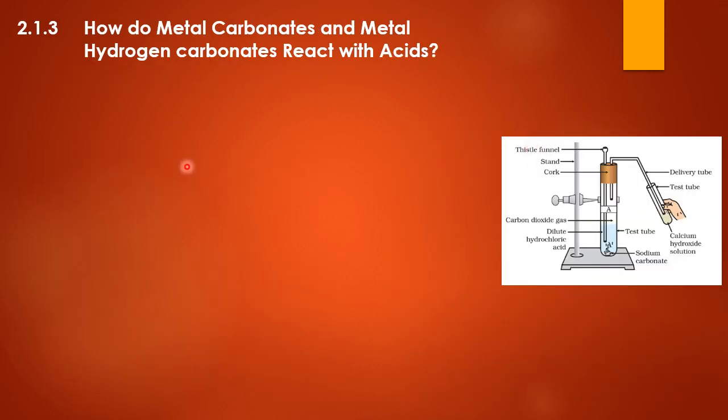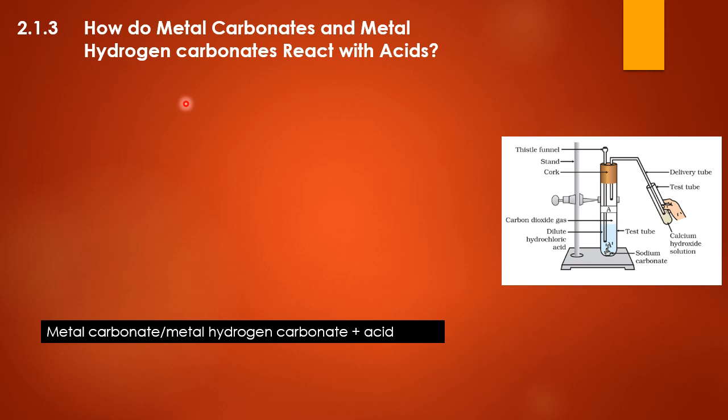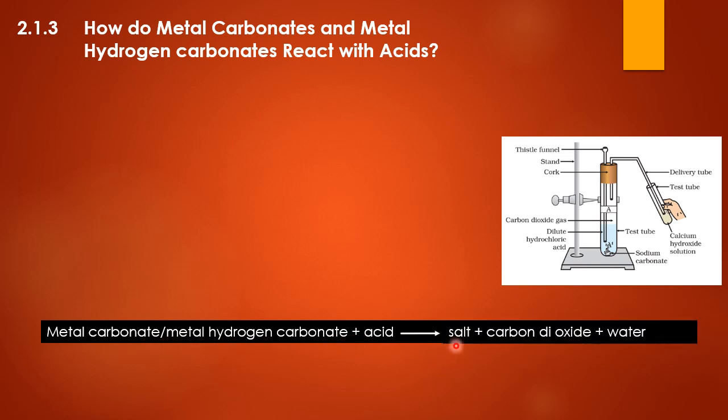How do metal carbonates and metal hydrogen carbonates react with acids? This is the general equation of reaction between metal carbonate or metal hydrogen carbonate with acid. It gives salt, carbon dioxide and water.